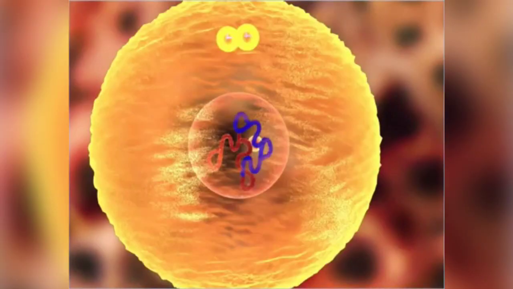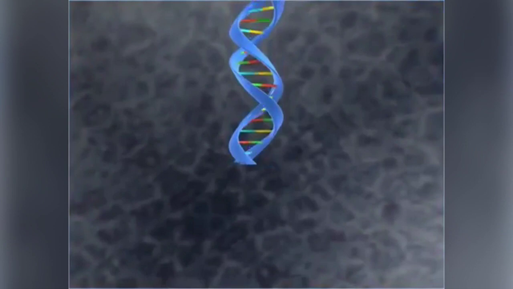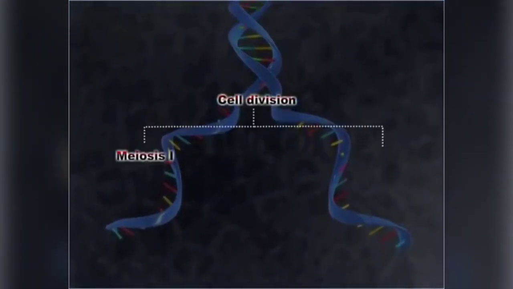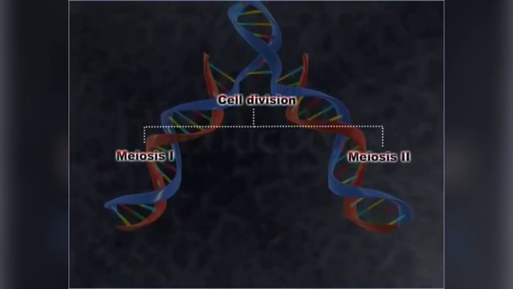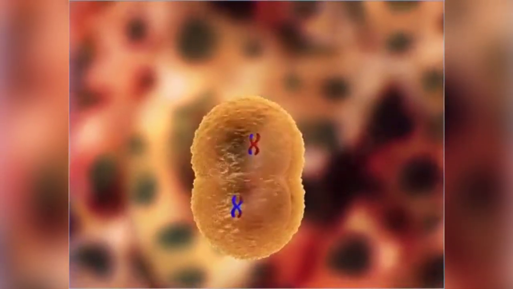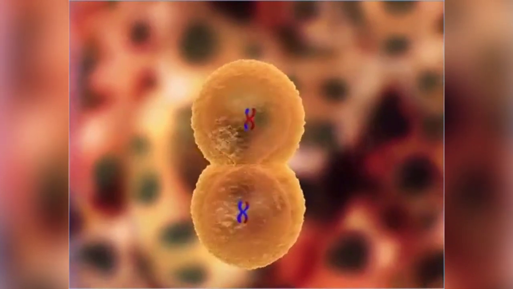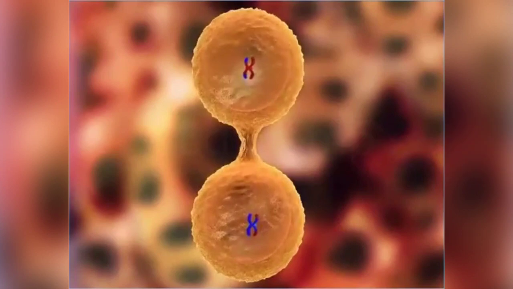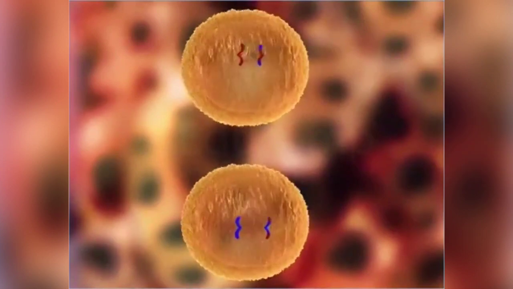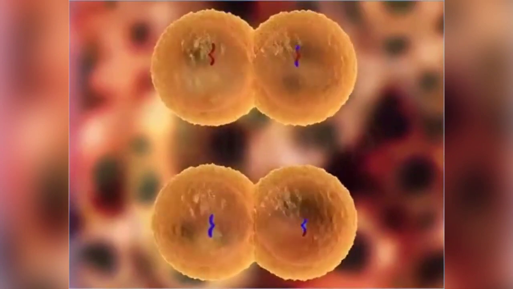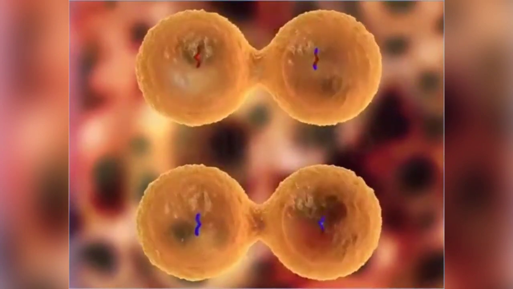Meiosis involves a single round of DNA replication followed by two cell divisions, meiosis 1 and meiosis 2. The entire process of meiosis results in the formation of 4 haploid daughter cells with half the chromosome number as that present in the diploid parent cell. However, after fertilization occurs, the chromosome number gets restored.